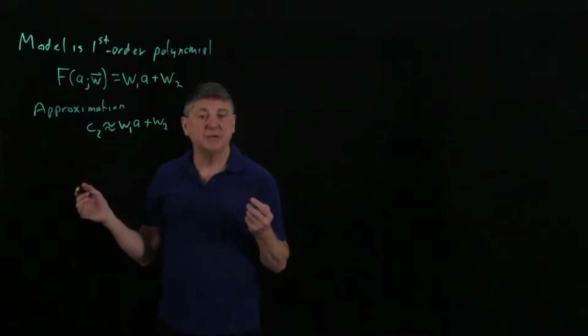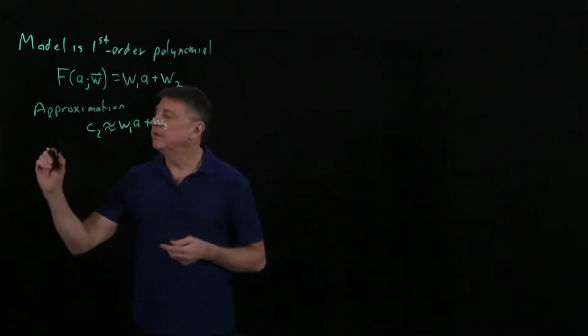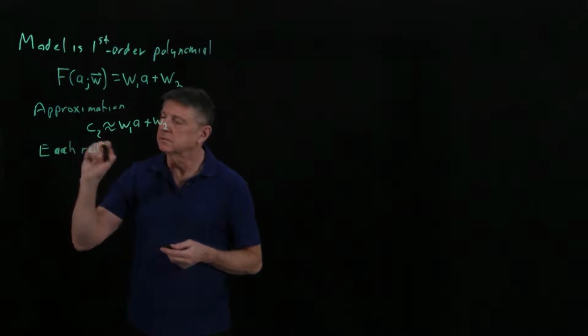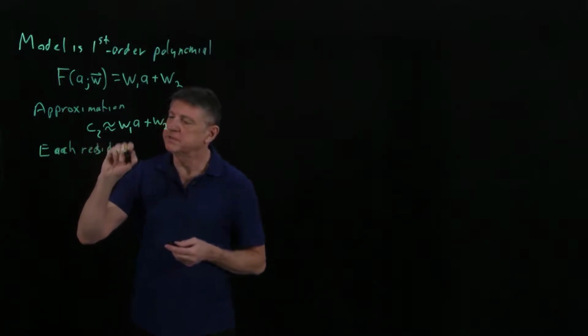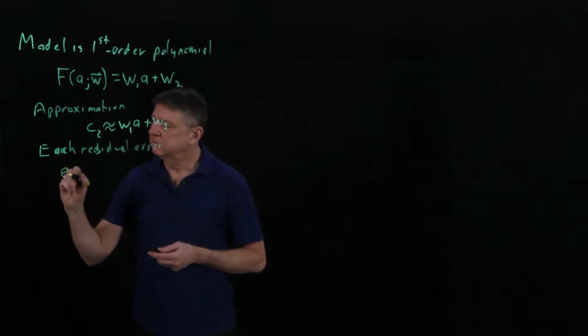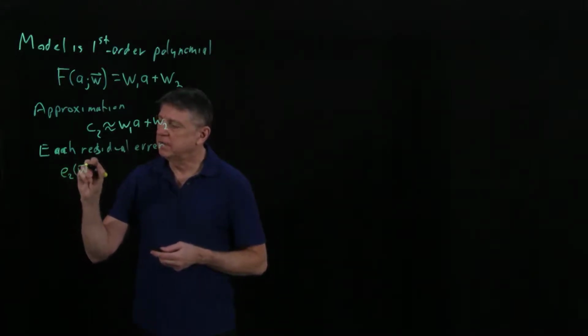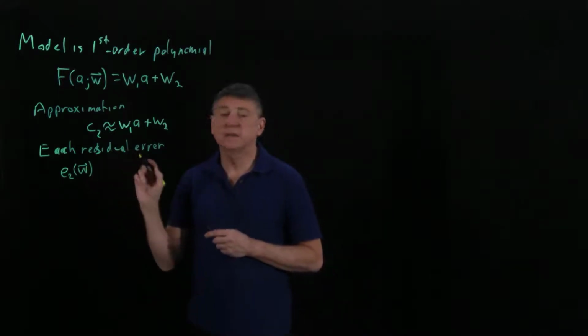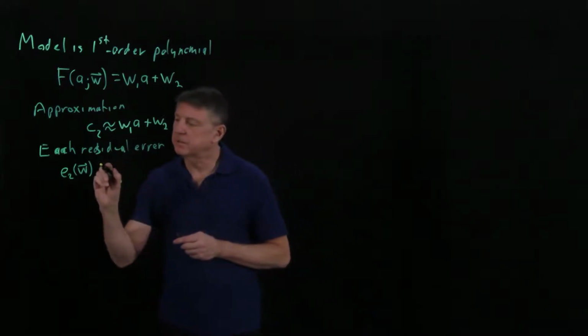And then, as before, what we do is we calculate each residual error, and that will be the residual error. Now it's a function. For Hooke's law, it was a function of a scalar. Now it's a function of a vector.